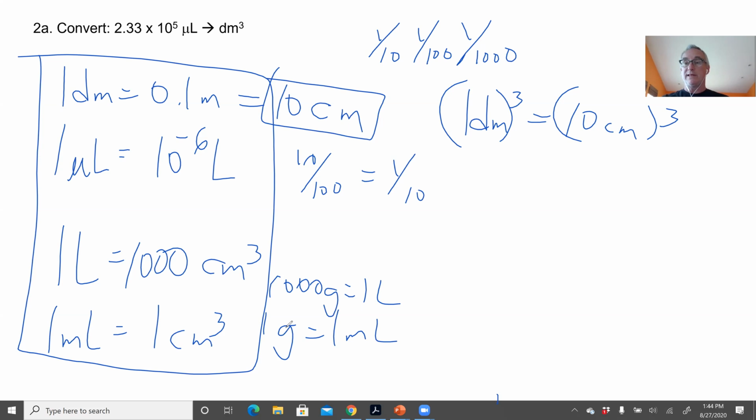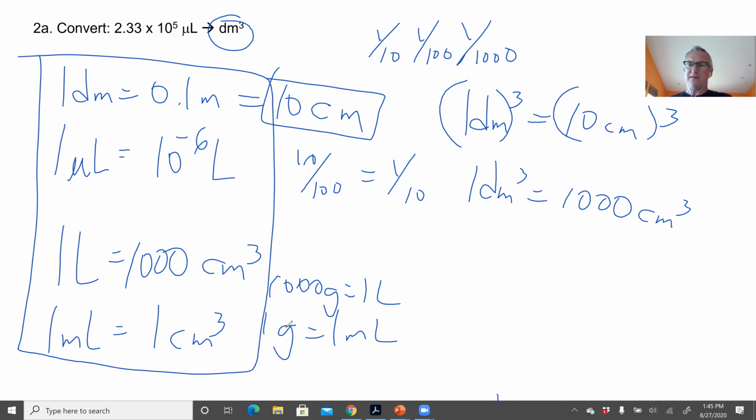But when we're cubing the 10, now you can see that 1 decimeter cubed is equal to 1,000 centimeters cubed, or 10 times 10 times 10. So at least we figured out this side. This side gives us 1,000 cubic centimeters.